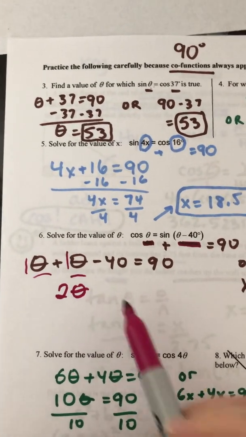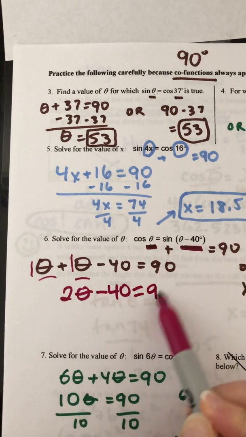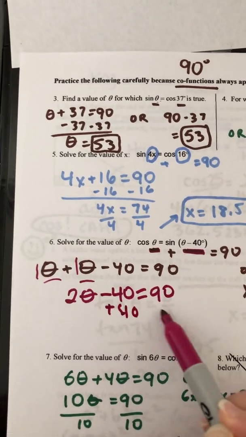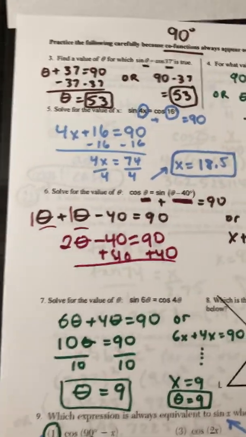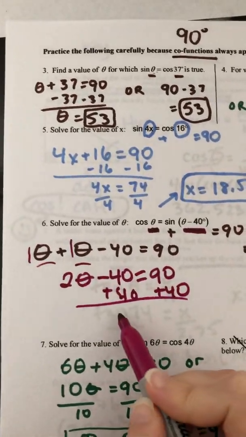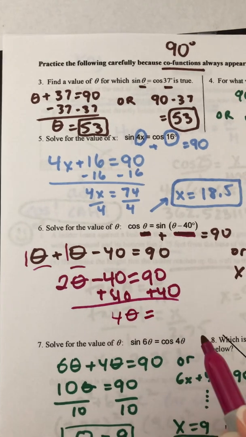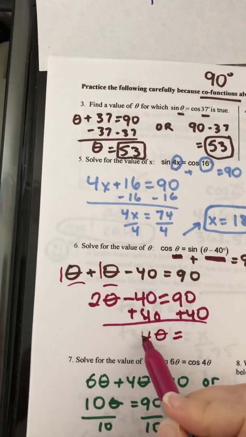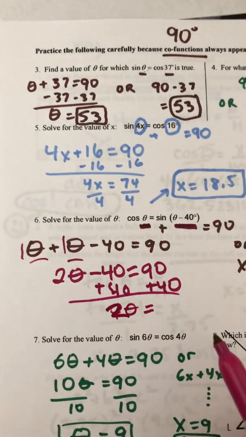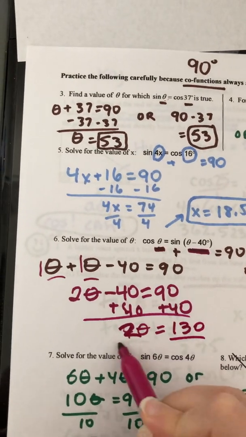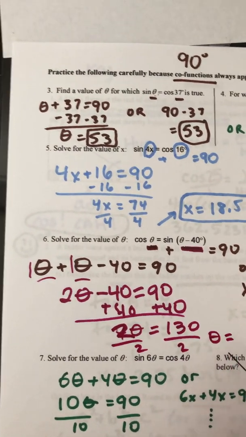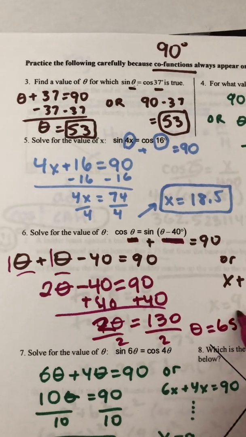It's a variable for angles. 2 theta minus 40 equals 90, plus 40 on both sides. So when you do that, you get 2 theta equals, I looked at the wrong answer key, 130. Divide by 2, you get theta equals 65.